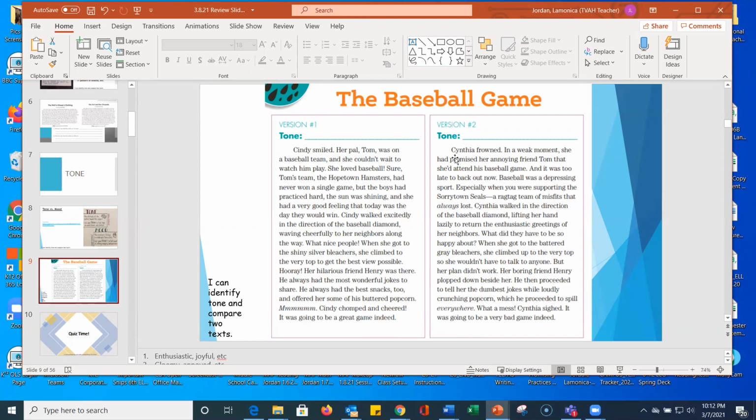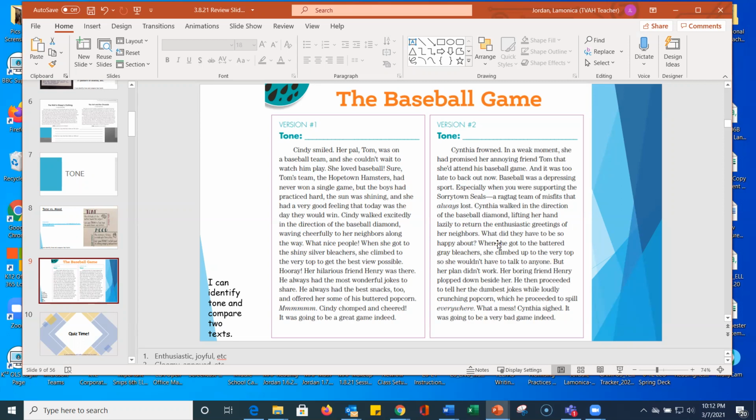Version 2. Cynthia frowned. In a weak moment, she had promised her annoying friend Tom that she'd attend his baseball game, and it was too late to back out now. Baseball was a depressing sport, especially when you were supporting the Sorrytown Seals, a ragtag team of misfits that always lost. Cynthia walked in the direction of the baseball diamond, lifted her hand lazily to return the enthusiastic greetings of her neighbors.